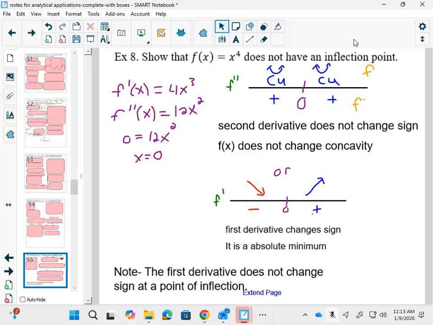But at every inflection point, the first derivative will never change sign. So it is a secondary way to show an inflection point. If the second derivative equals 0 and the first derivative does not change sign, then it will be an inflection point.